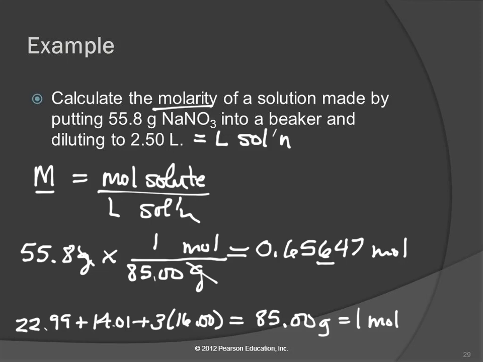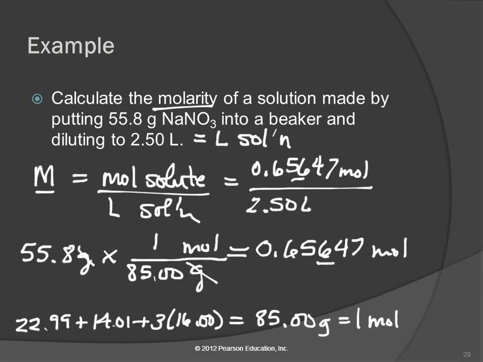Now we have the numbers we need. The moles of solute, and we're just reminding ourselves with the underline how many sig figs there are in that number, divided by 2.50 liters of solution.